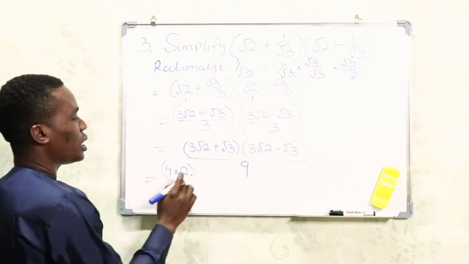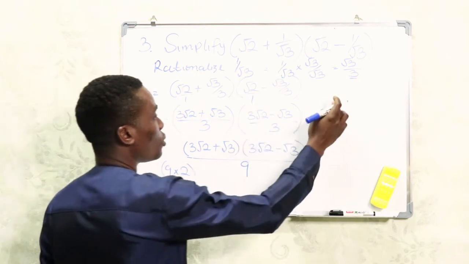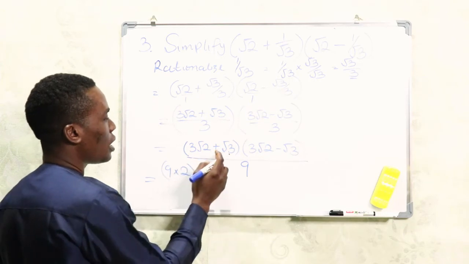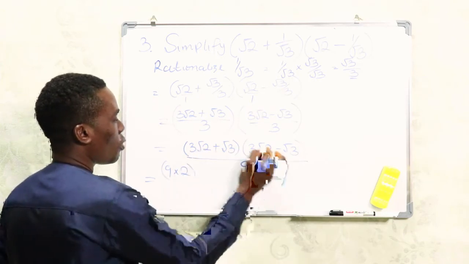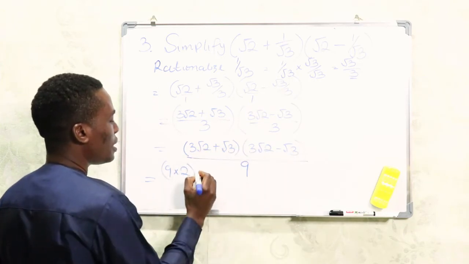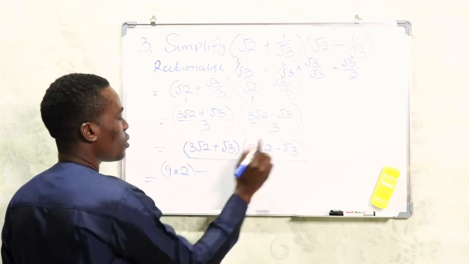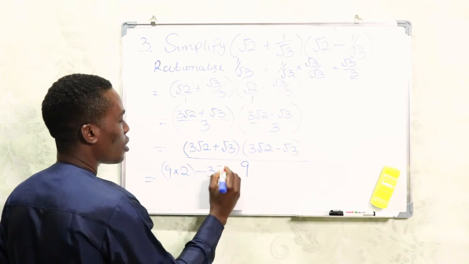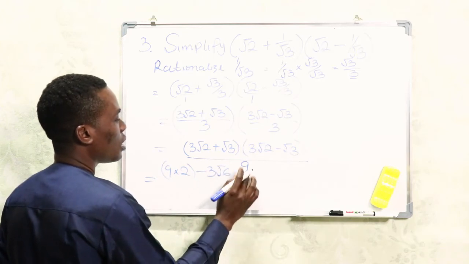Root 2 times root 2, sorry, that will give you 2. Remember our rule, root 2 multiplied by root 2 will give you 2. Now, this multiplied by this, 3 times 1 will give you 3. Root 2 times root 3, that will give you root 6.